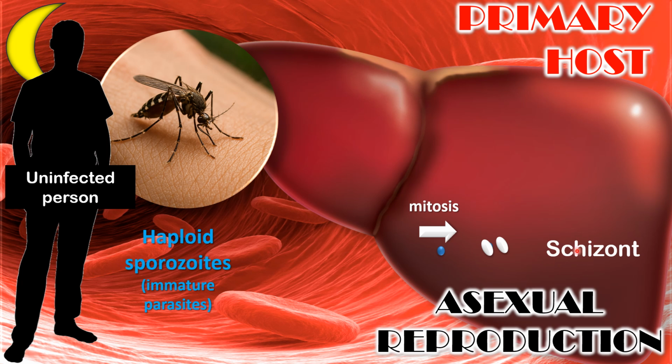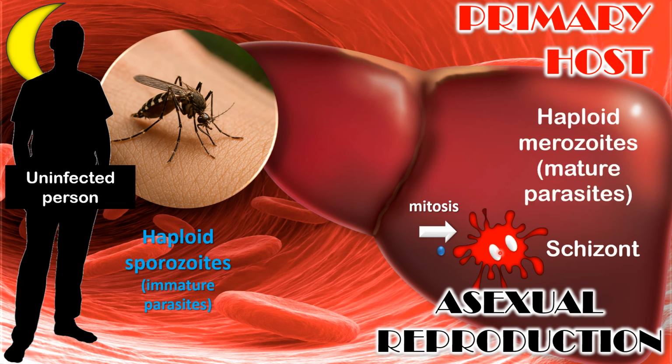Once the population of schizonts is maximum, it will cause a rupture of the liver cells to release what we call the mature parasites. These mature parasites are called merozoites. The merozoites then travel to the red blood cell. So note now that the human is the primary host since asexual reproduction occurs to form the mature parasites.